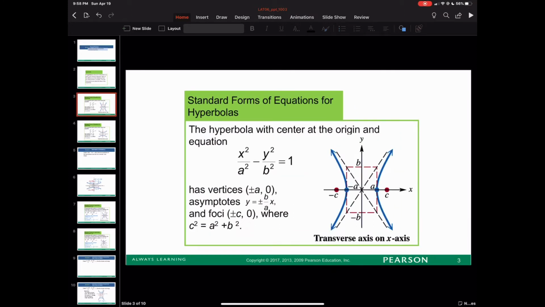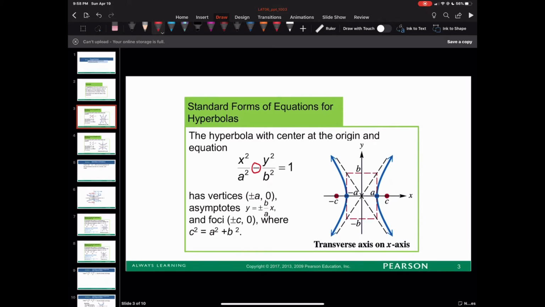So let's look at this. Now, the standard forms for hyperbolas: we have x squared over a squared minus, remember, there's a minus here, y squared over b squared is equal to 1. Now, the vertices for this one would be plus or minus a, 0.